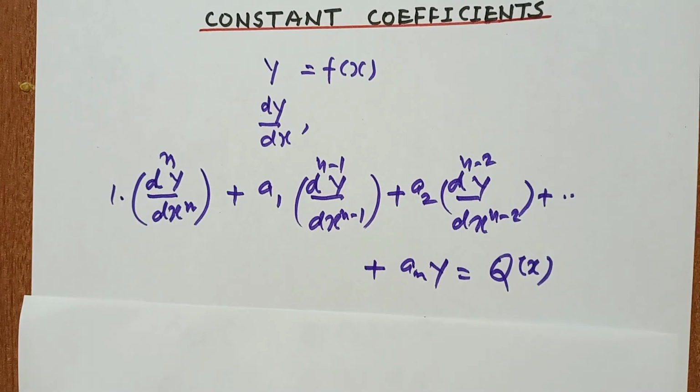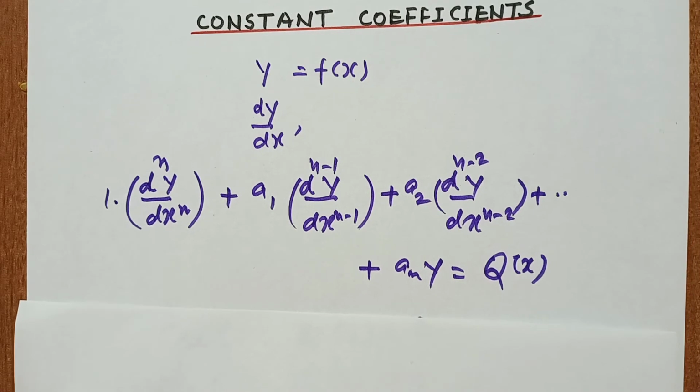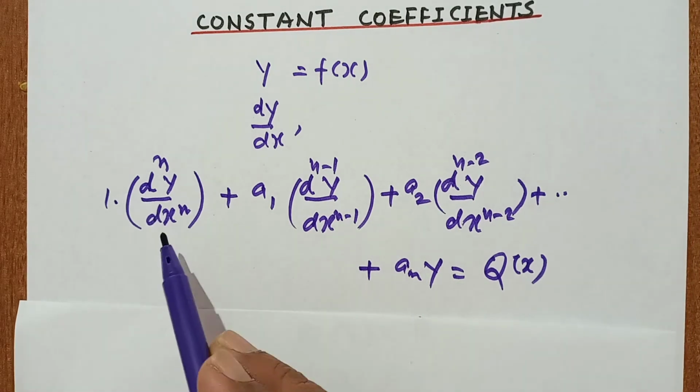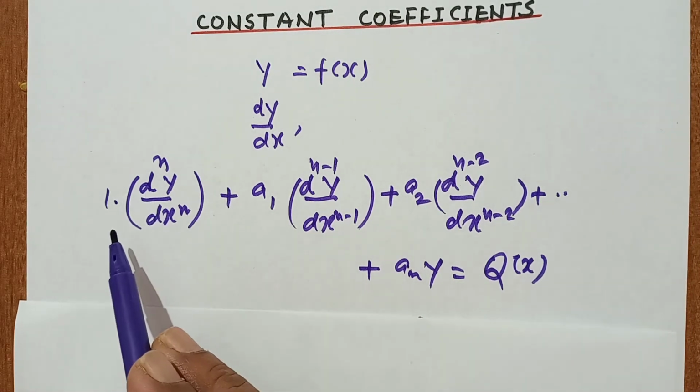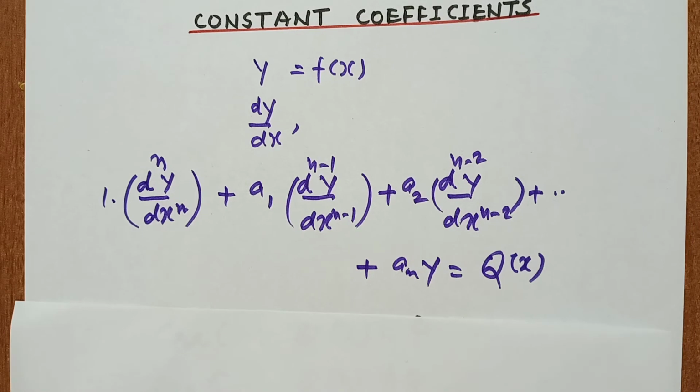Okay, here a1, a2, up to an are constants. So it is clear that the coefficient of d^n y upon dx^n is always 1. So these differential equations we will solve very easily.